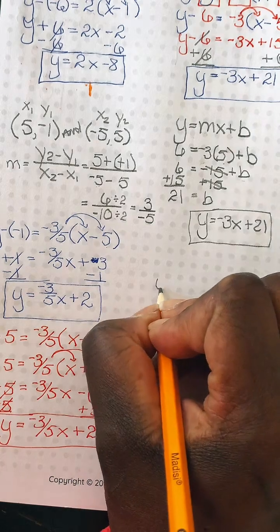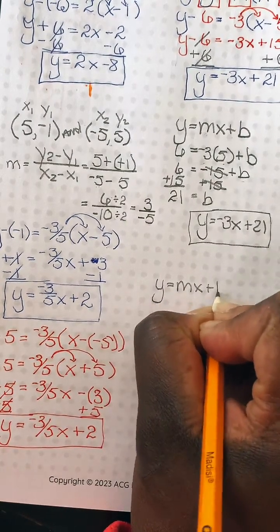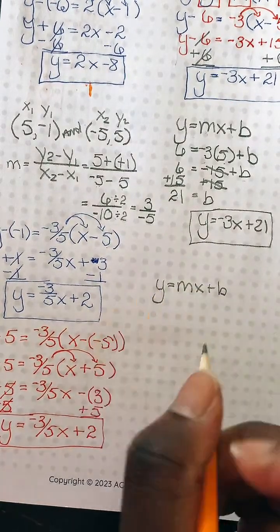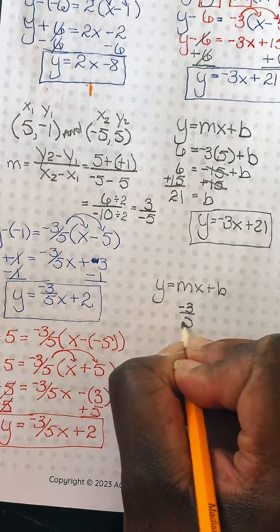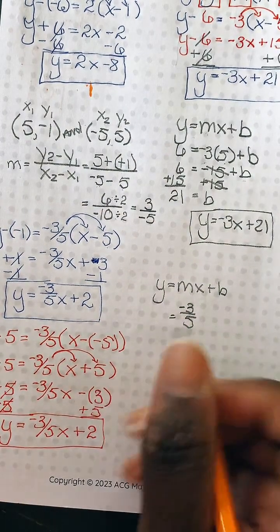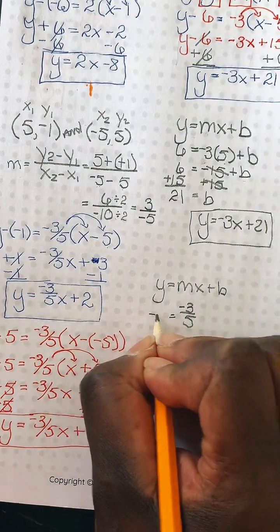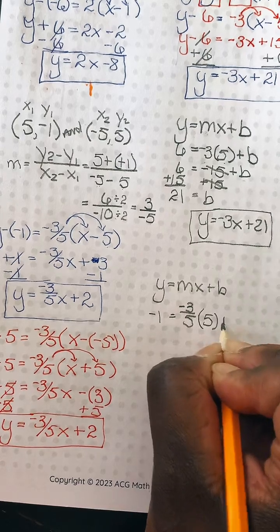Even if I wanted to use my y equals mx plus b, as long as we have our slope, which was that negative 3/5. I pick one of the 2 points. It doesn't matter which one. I can pick, say, the first one. So I got a negative 1 here, and I got a positive 5 here, plus b.